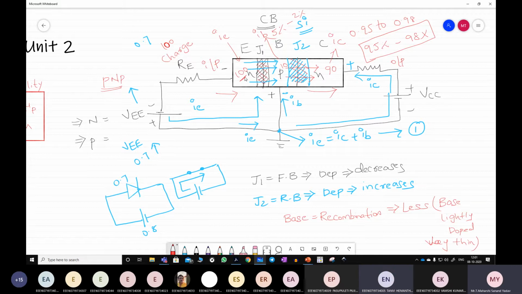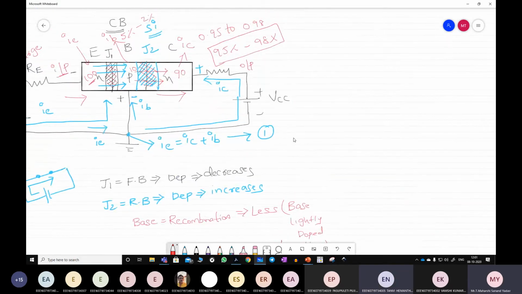Here, for example, I'm assuming there are 100 charge carriers which I have emitted from input end. And suppose I'm assuming the recombination factor within base is 5% to 2%. This is nothing but the recombination rate within base.